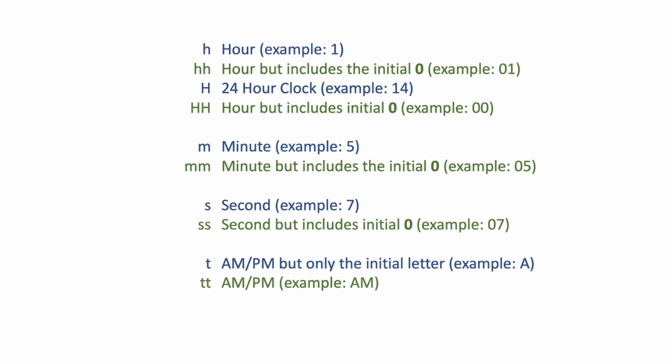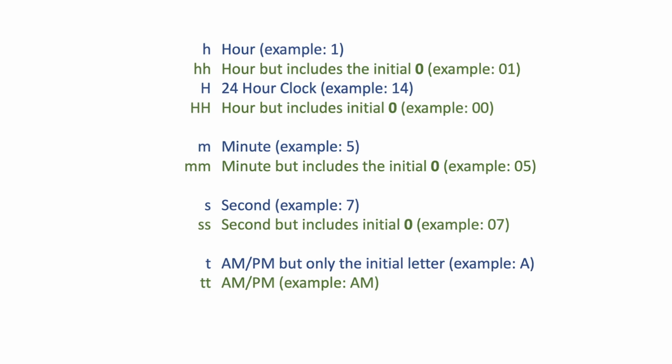Now if we use a capital H, that's going to give us a 24-hour clock iteration. So instead of 2 o'clock, we'll get 14 back. But if we wanted to get the initial 0, let's say midnight, then we want to get 00 back, we need to pass through capital H, capital H.